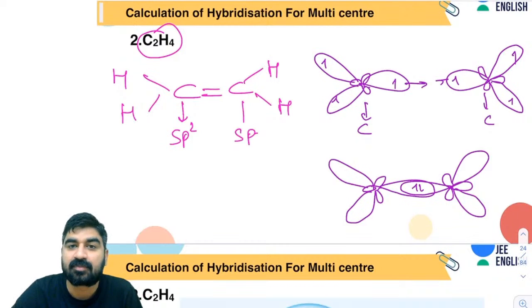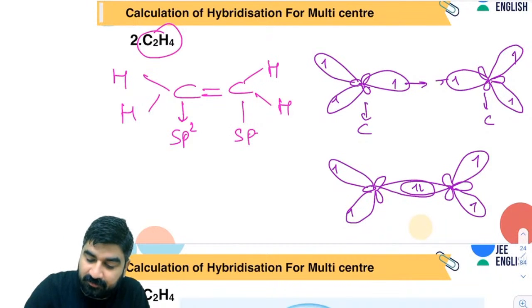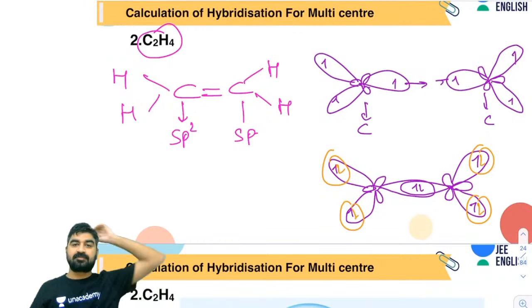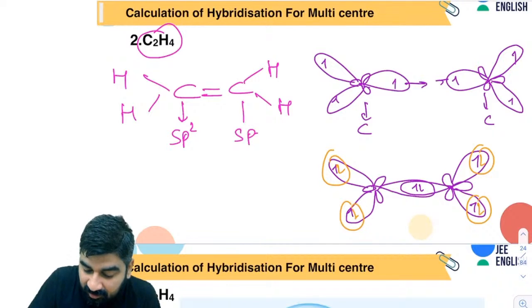Any doubt? We can have one more here. And now we have 4 hydrogens. Got it? So we have 4 hydrogen atoms here. So this is C2H4.